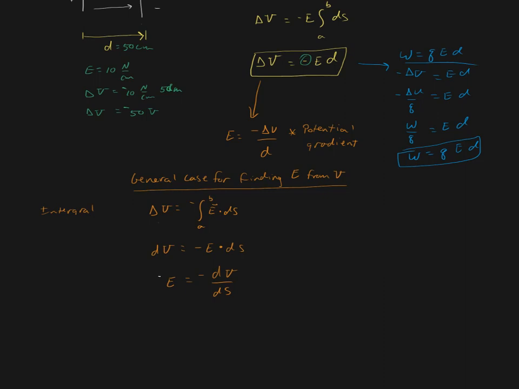Now this is basically one-dimensional for us, but if you go into all three dimensions, we can write E is equal to minus del times V. And del is an operator which basically is going to take our derivative in three dimensions. It's beyond the scope of AP Physics C, so we're not going to be using it, at least not in the videos.